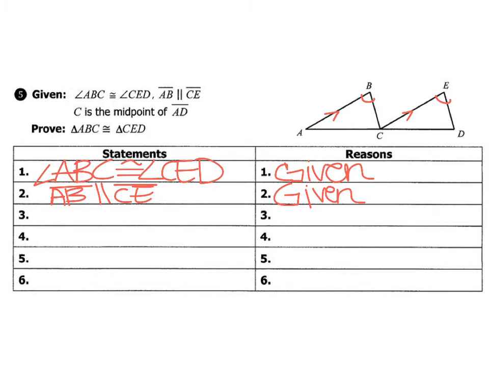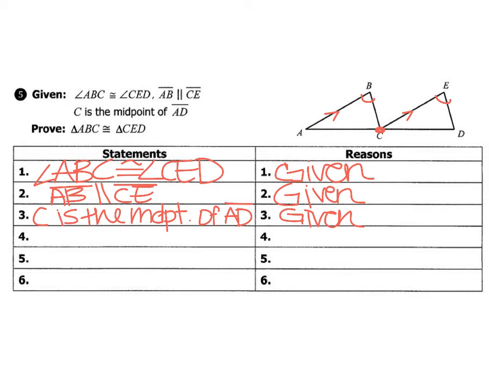Then we're given that C is the midpoint, and I'm abbreviating because I'm going to run out of room, midpoint of AD. This is given information. All right, so C is the midpoint. Then we want to ask ourselves, what can we conclude based on this information?